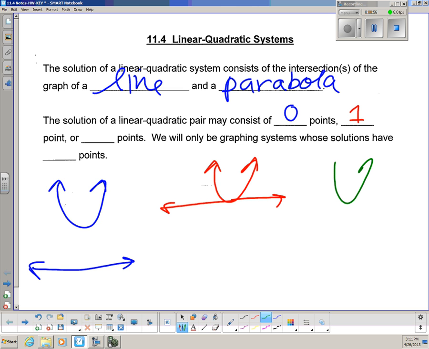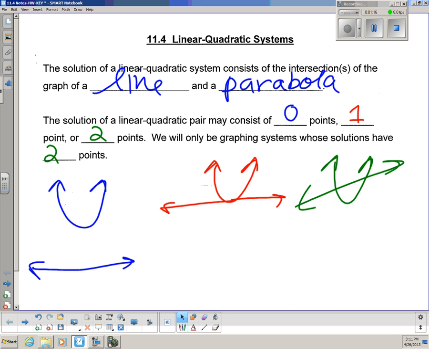Or maybe your line slices through the parabola in 2 points. So either 0, 1, or 2 would be your solutions, and we'd have specific ordered pairs. But for us, we're only going to worry about those that have 2 points as their solution.